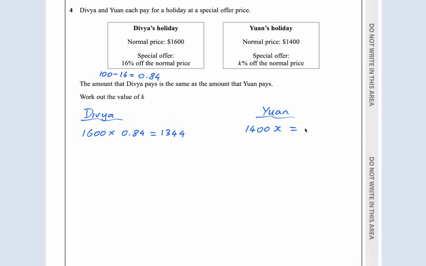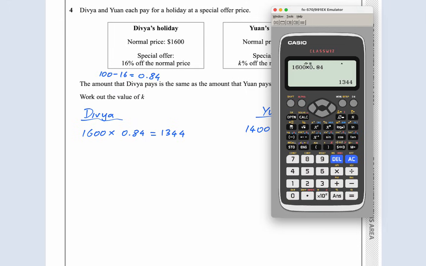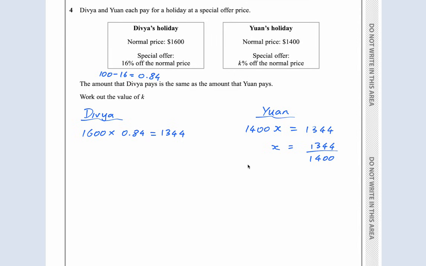So 1400x equals 1344, which means x is 1344 divided by 1400. Let's do this. 1344 divided by 1400 is 0.96. So x is 0.96.